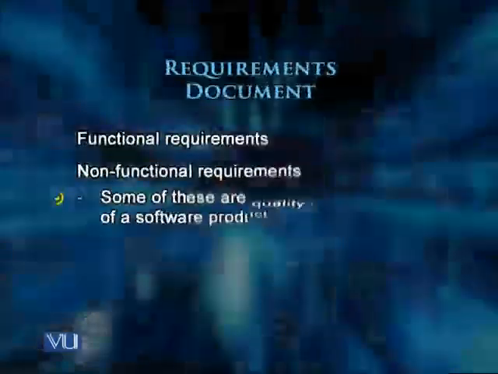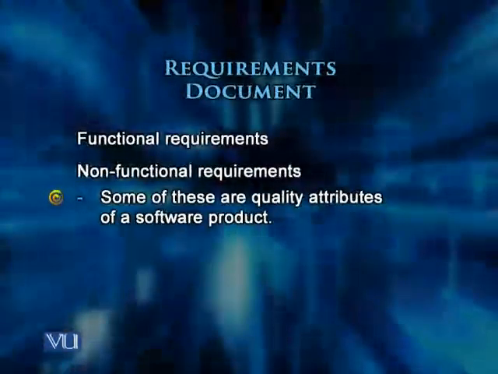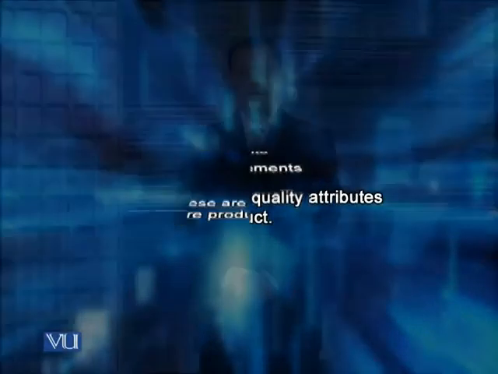While the non-functional requirements capture the characteristics of that new product as a whole. These are typically quality attributes of that software product. And so a lot of quality attributes are captured in these non-functional requirements.